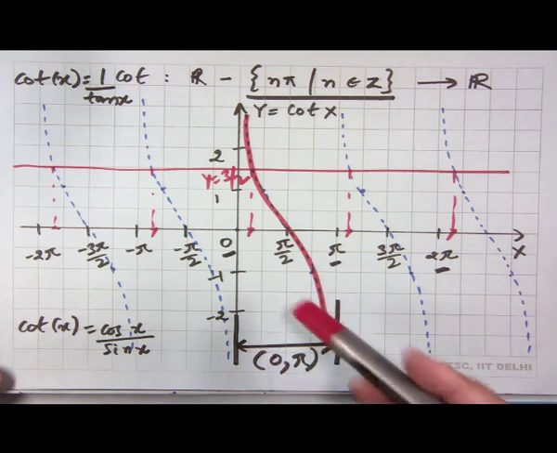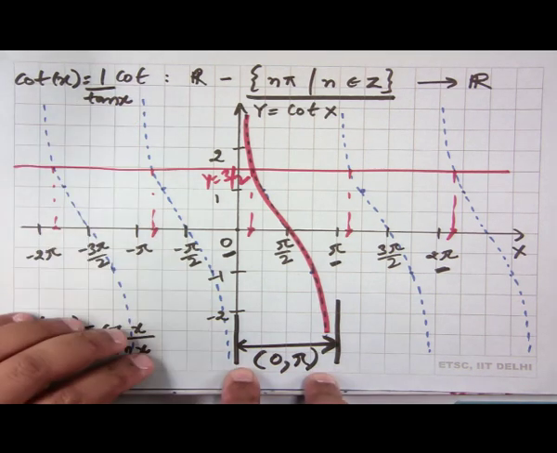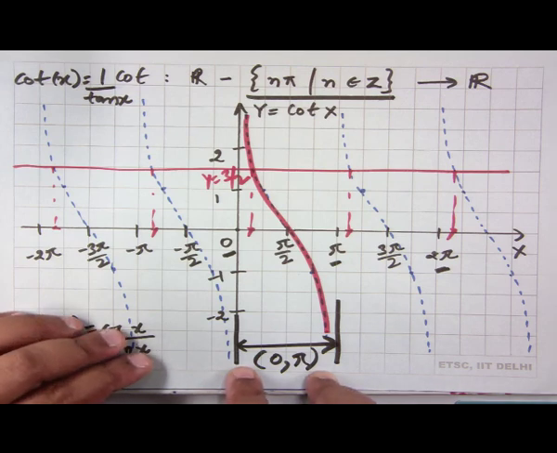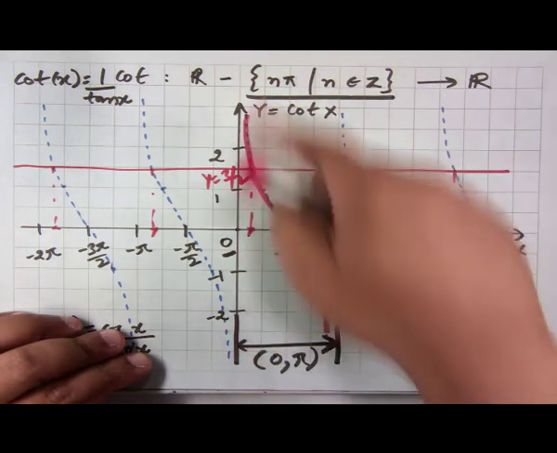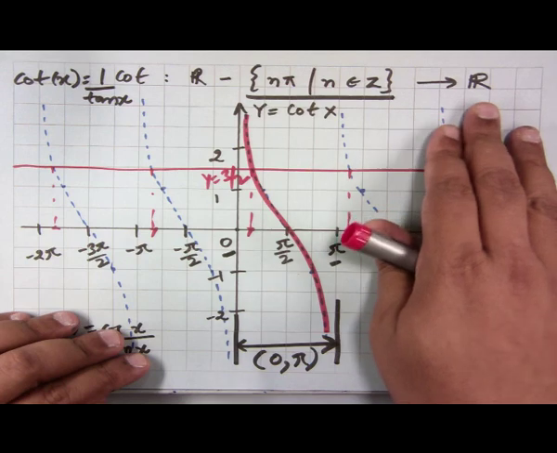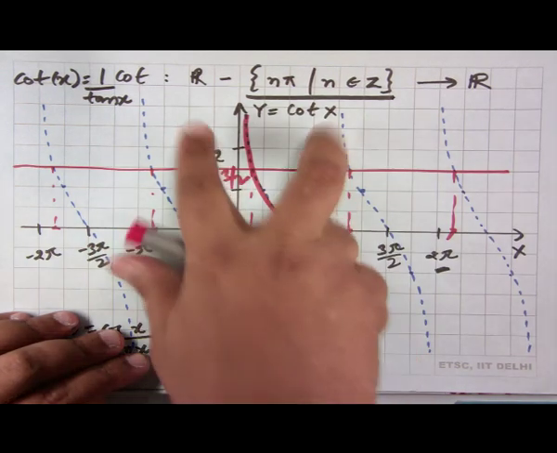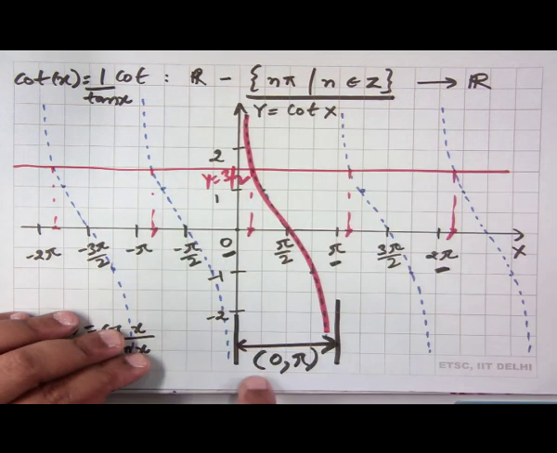And it is very easy to see now that even after restricting the domain of the cot function to the open interval 0 to pi, the range is still from minus infinity to plus infinity. So, the range of the cot function is still the set of all real numbers, even after restricting the domain to the open interval 0 to pi.